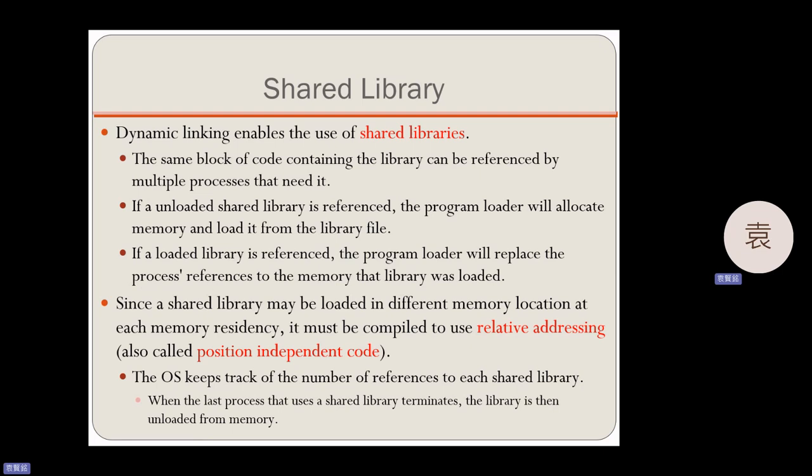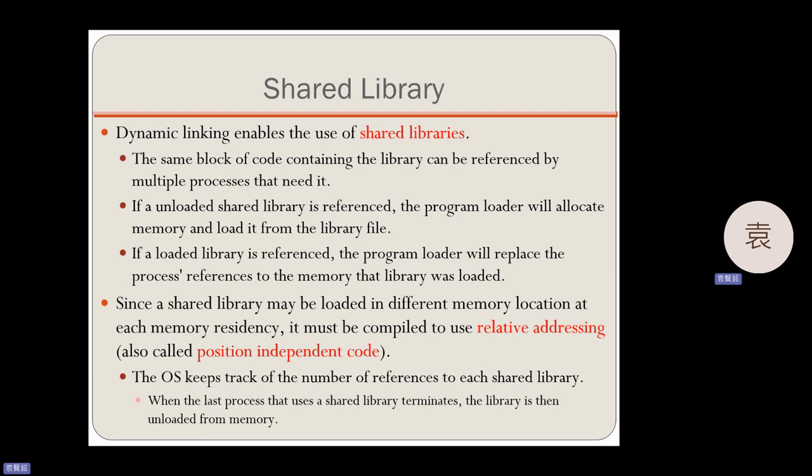Okay, they are competing for the CPU simultaneously. So if an unloaded shared library is referenced, the program loader will allocate memory and load it from the library file. If a loaded library is referenced, the program loader will replace the process reference with the memory location where the library was loaded.